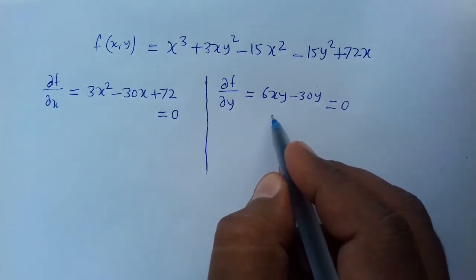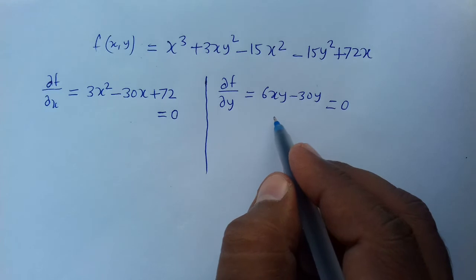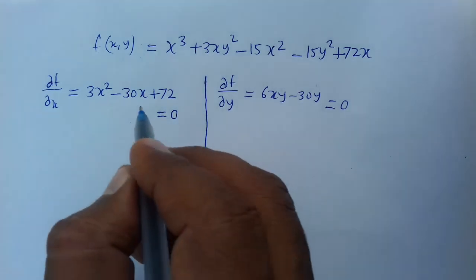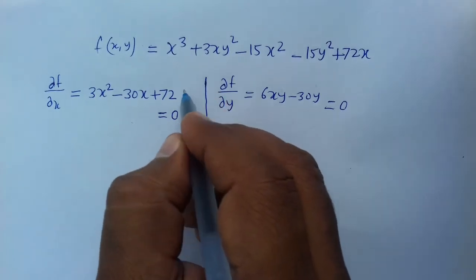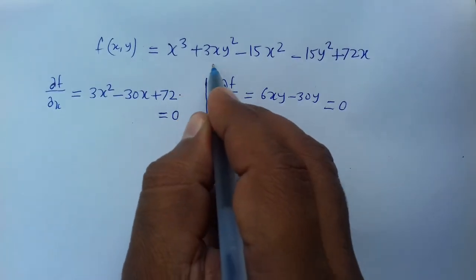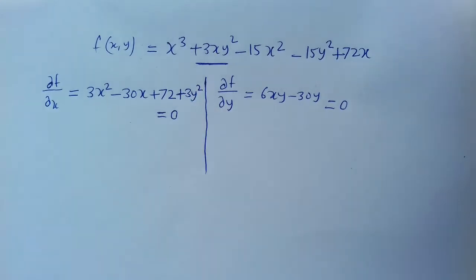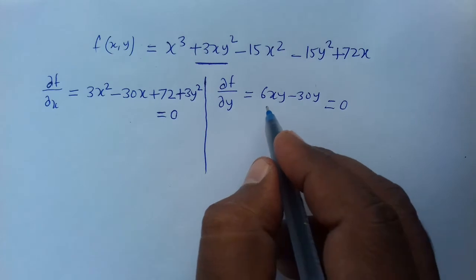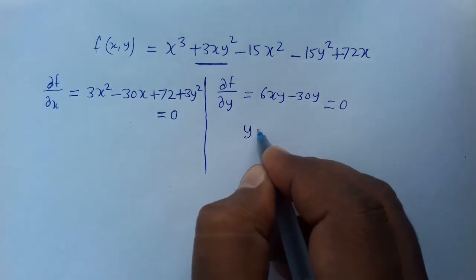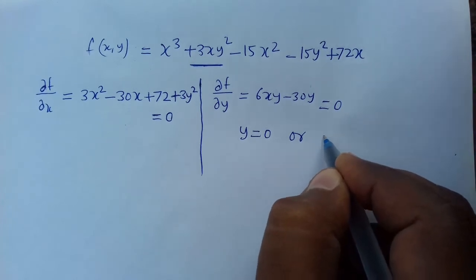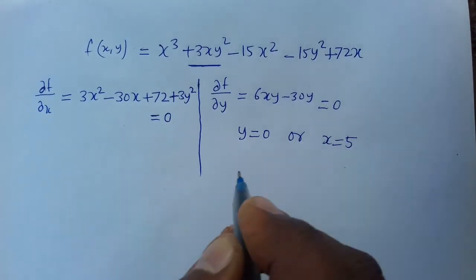From here you can find the values. In the first expression there is a term plus 3y square. Now from here we can have y equals 0 or x equals 5.